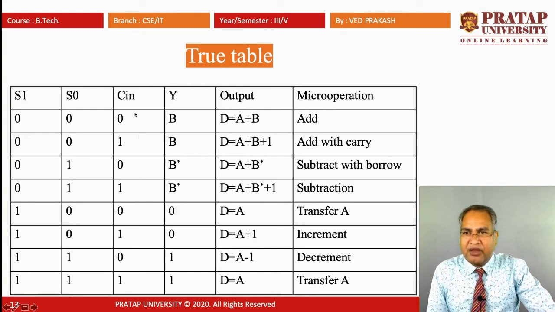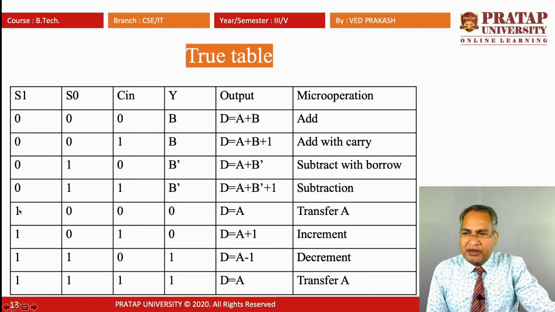And similarly, when we take input carry 1, we obtain at the Y terminal the complement of B, and at the D terminal we obtain A plus complement of B plus 1. That is known as the subtraction operation, because complement of B plus 1 denotes the negation of B. So it becomes A minus B. That is the subtraction operation.